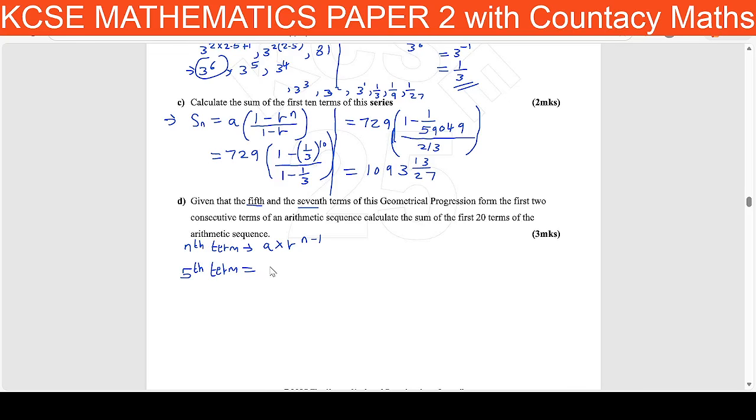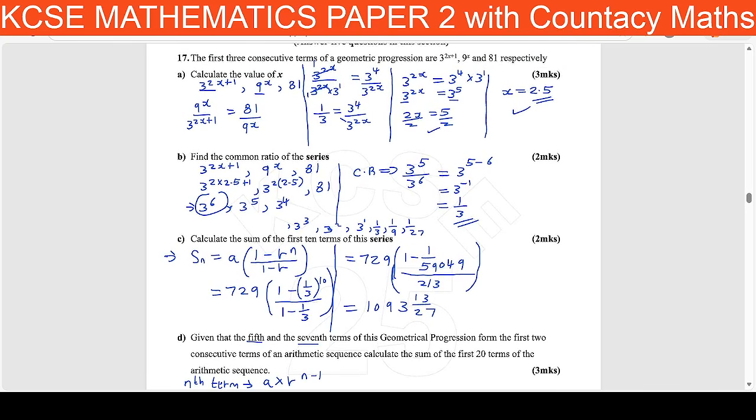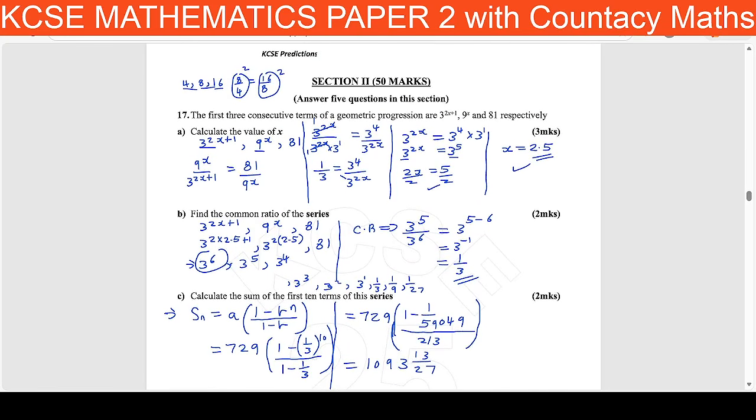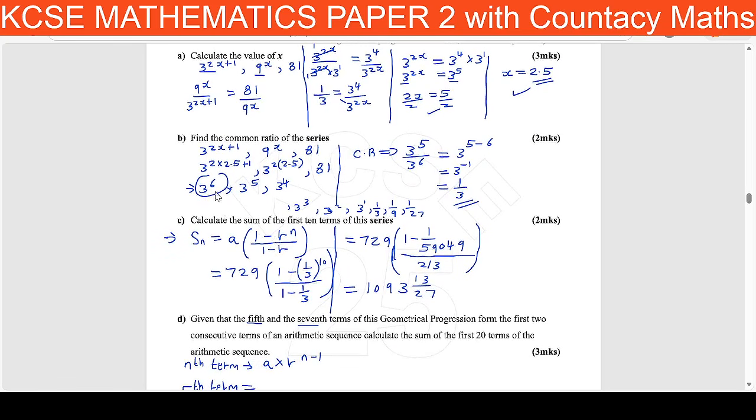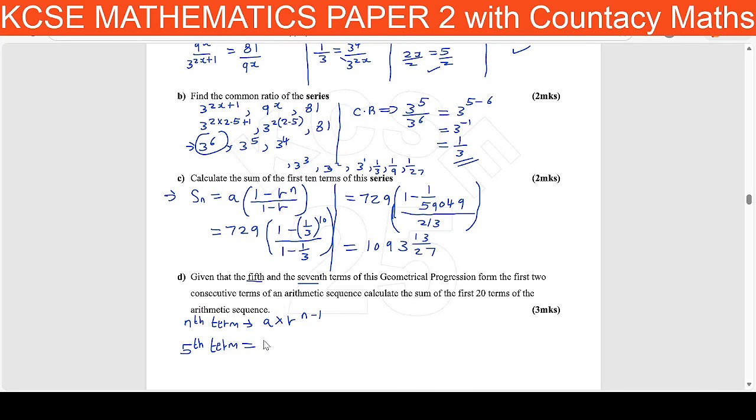should be equivalent to A. And what is our A? We can go ahead and apply it directly because we already know these values. Do you know the first term? The first term of the GP is right here, 729. That is 3 to the power 6. So that's what we use here, 729.